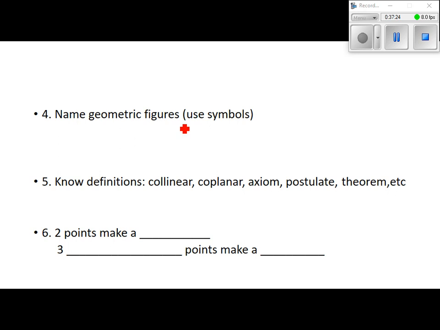Be able to name geometric figures. What are some of the figures that we talked about? Ray, segment. What else? Line. What else?